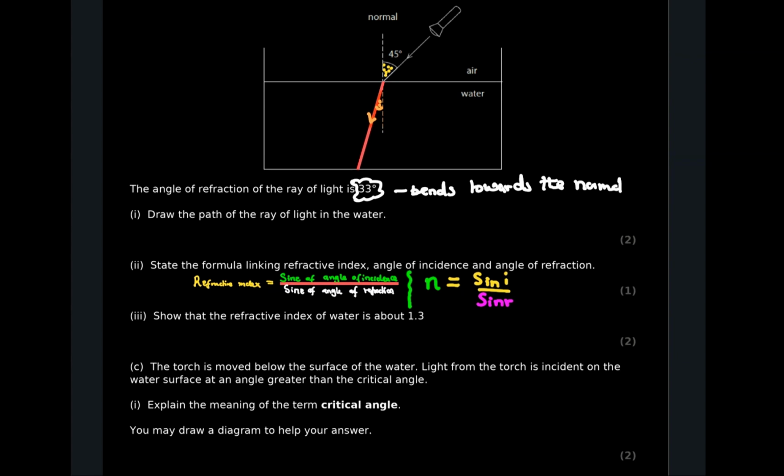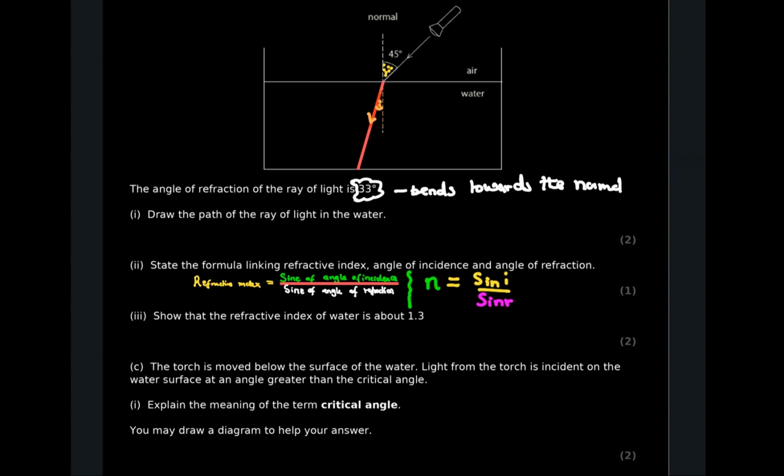Show that the refractive index of water is about 1.3. Remember, refractive index is a ratio, so it doesn't have units. When you are told to determine the refractive index or to show that it's 1.3, the question is asking you to work out the refractive index using the information that is provided in order to come to 1.3.